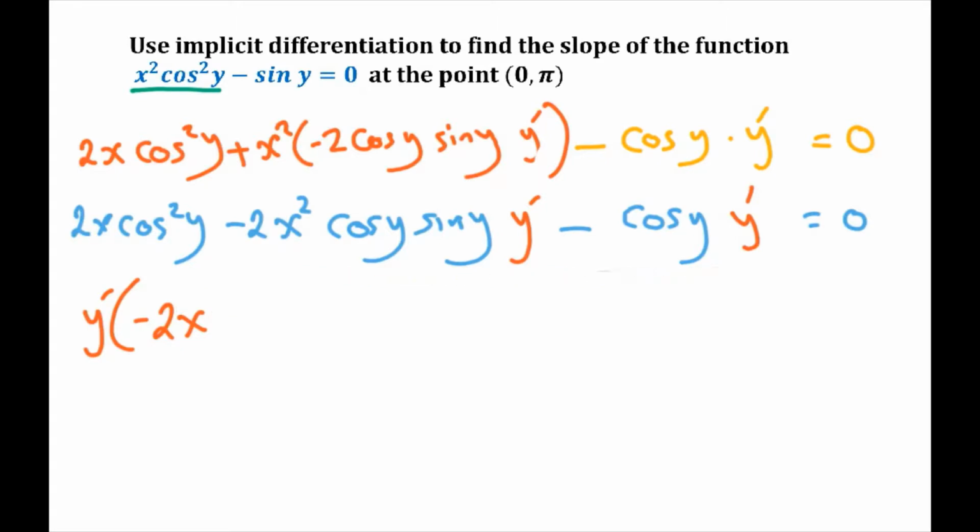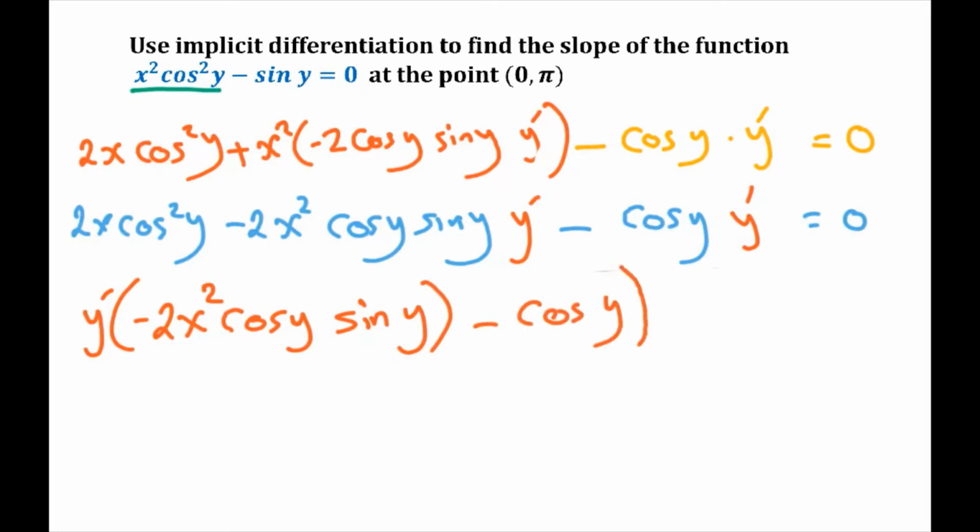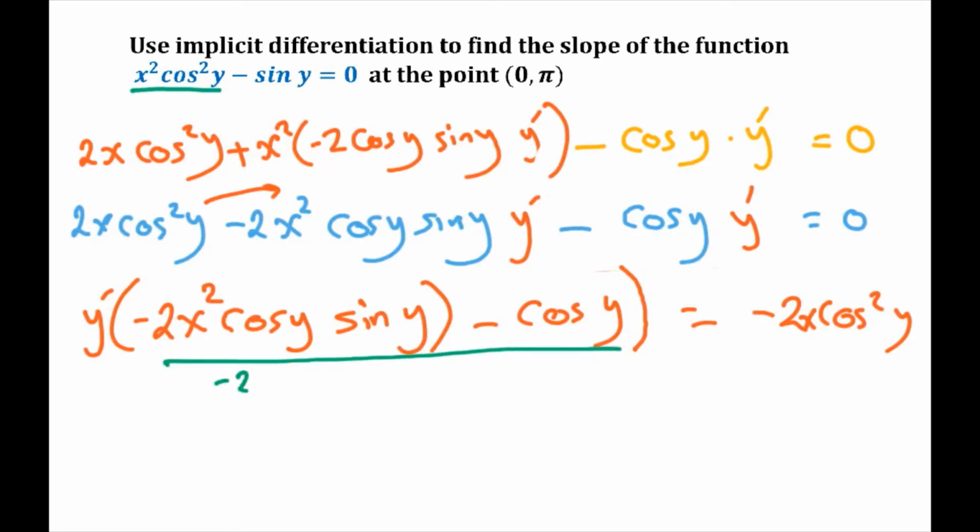cosine y sine y minus cosine y, so that's one whole part, and then equal, I'm going to move this to the other side, negative 2x cosine squared y. So I'm going to divide both sides by negative 2x squared cosine y sine y minus cosine y.